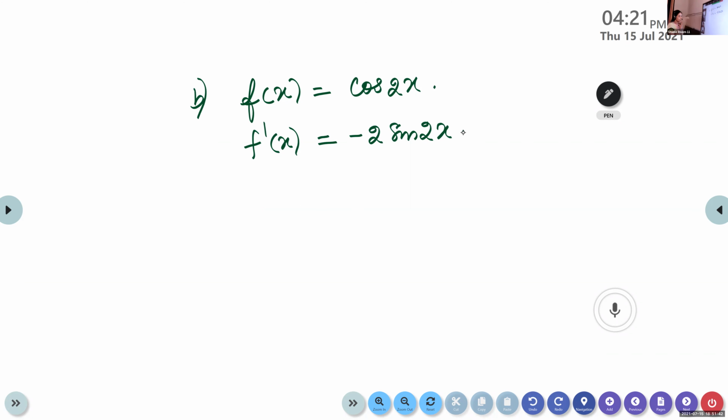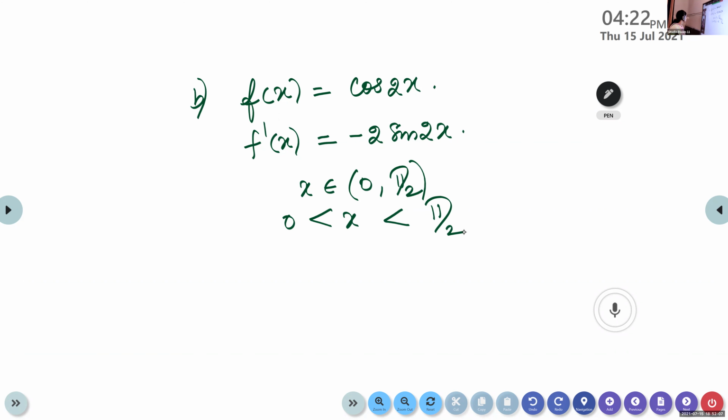There are so many methods to check. Here, what is given about x? X belongs to the interval 0 to pi by 2, which means x lies between 0 and pi by 2.